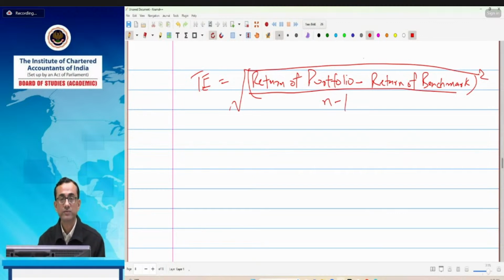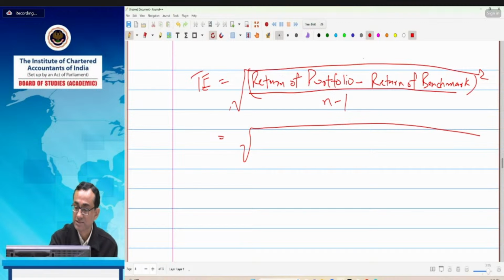N means the number of years we are taking. So in this example, the first year the index was giving a return of 12% and the index fund was giving a return of 11%. By this way it will be calculated.